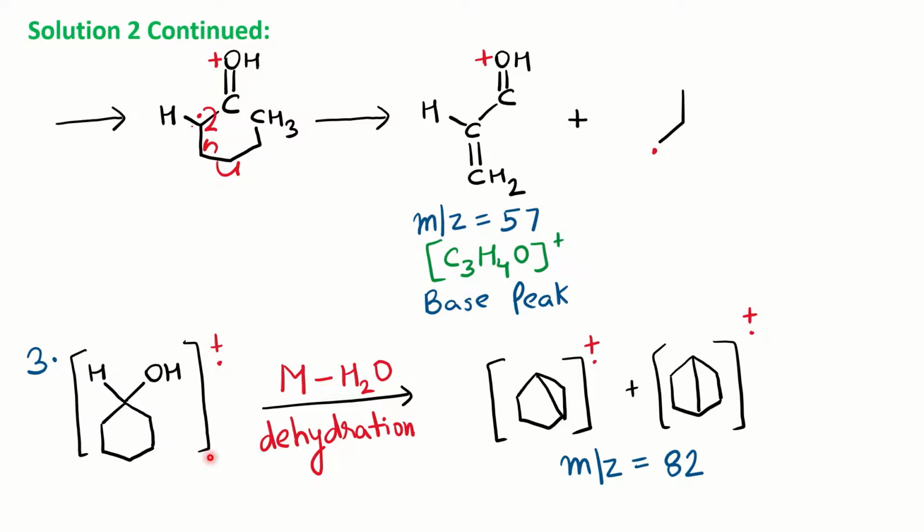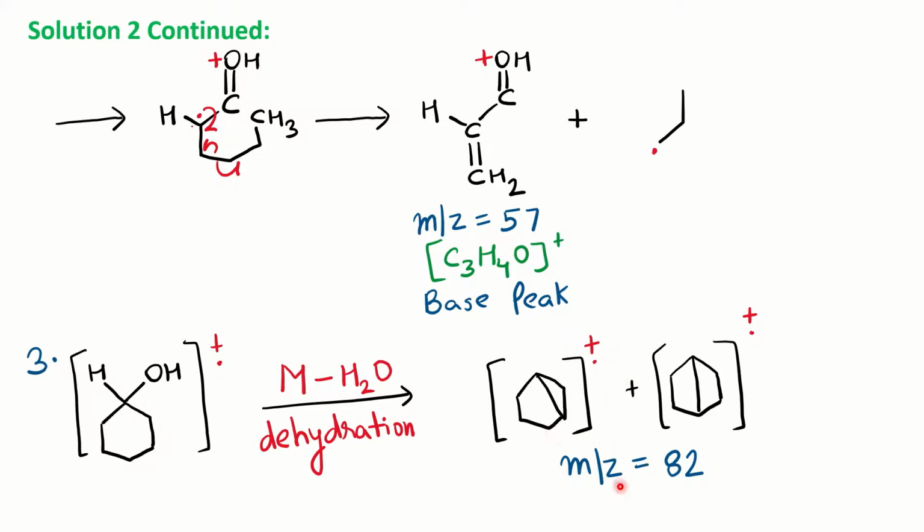Okay, here again it is best to put it in square brackets so that you are not confused about where to keep the radical cation, and you are safe. And don't forget to put the radical cation also, because the mass spectrometer detects only the cation or radical cation.